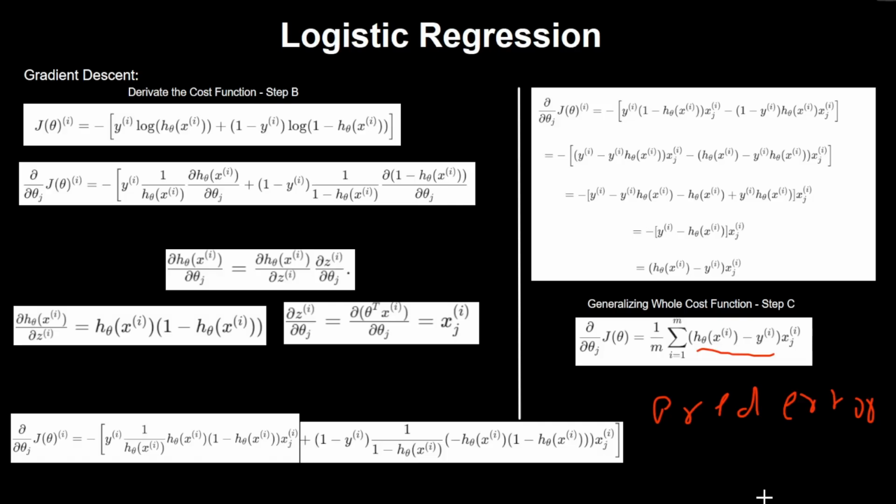Scaled means it is multiplied by the corresponding feature j across all data points. So if we have a large average error for a given feature xj, it indicates that our model's coefficient theta for that feature needs a significant adjustment.